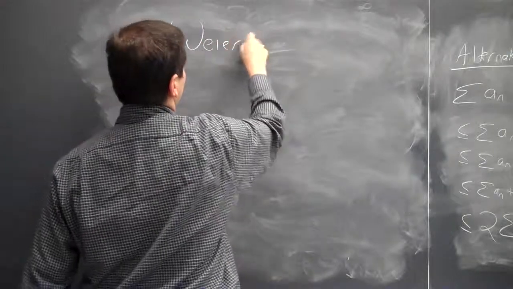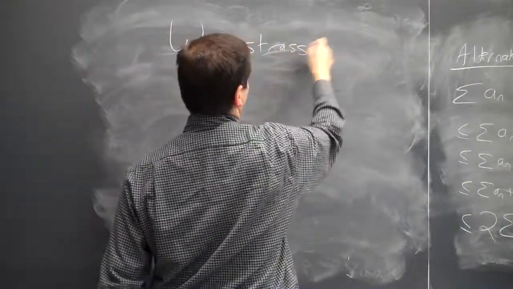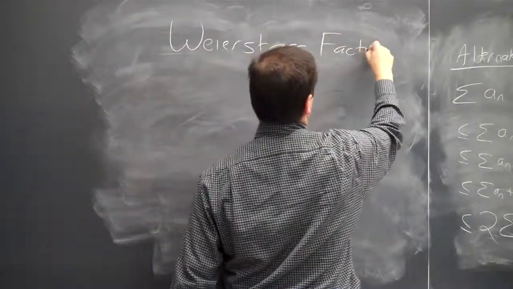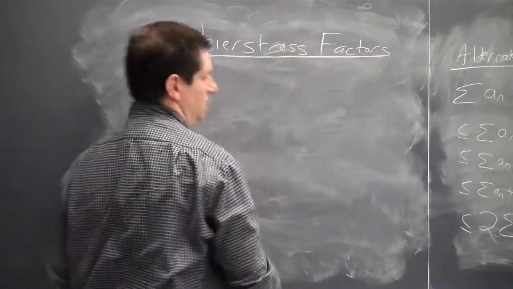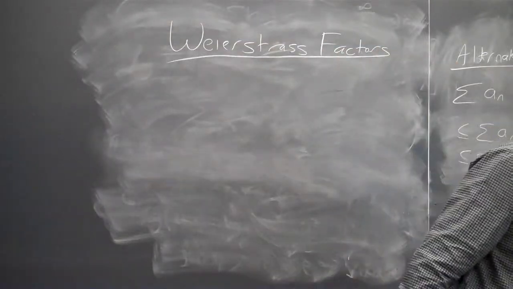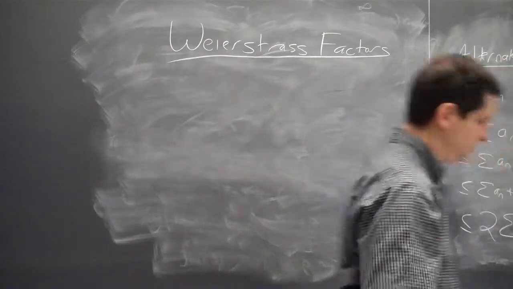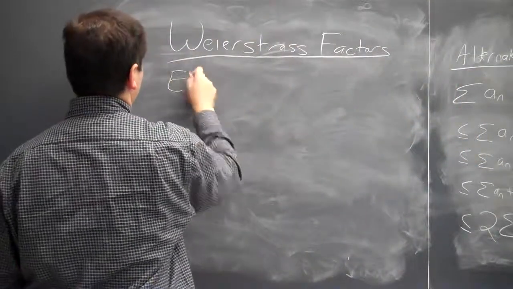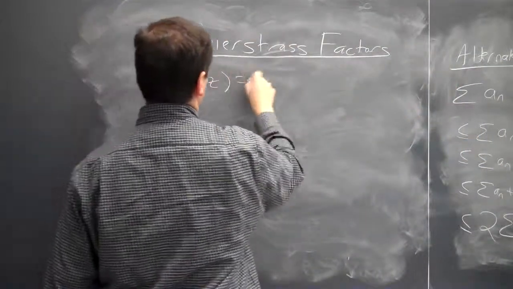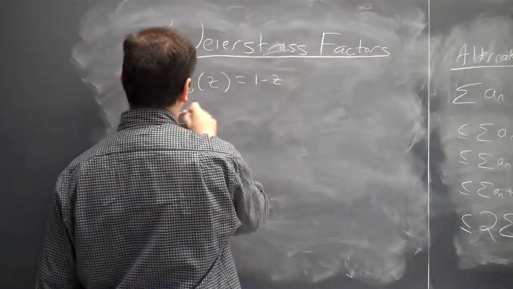So what we're going to do is look at what's called Weierstrass factors. I think the book uses a capital E for the notation instead of a W. So E_0 of z is 1 minus z.